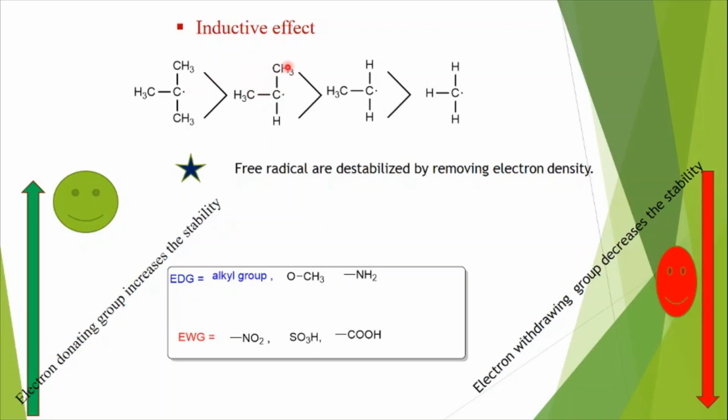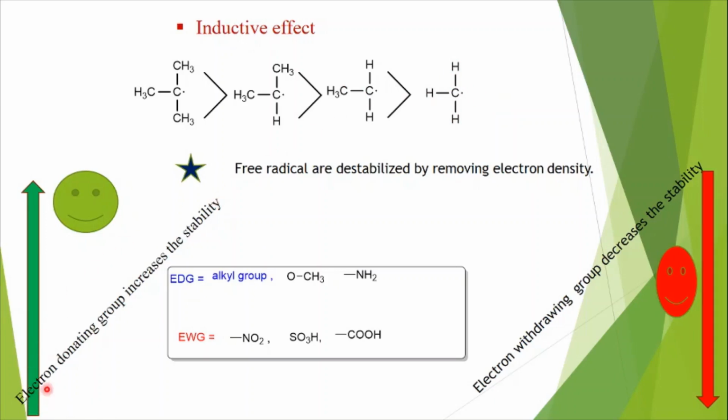Then this secondary butyl radical is more stable as compared to this primary radical, because the primary radical has only 1 electron donating group, while the secondary has 2 electron donating groups. And the least stable is the methyl radical, which doesn't have any electron donating group, it has only hydrogen, and hydrogen doesn't have any electron donating ability.